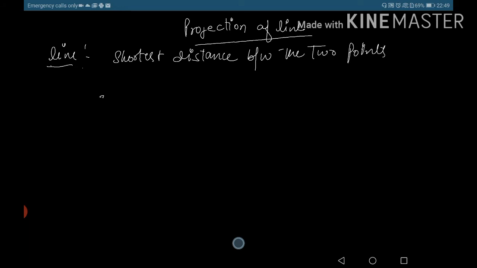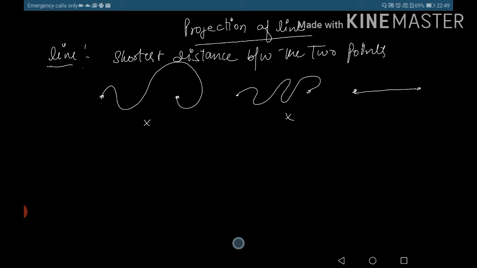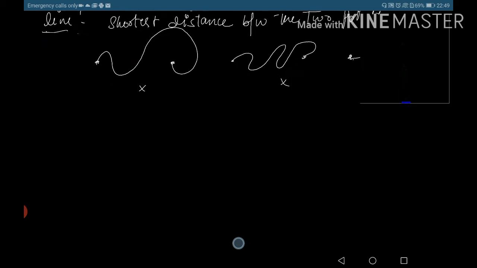Let's say these are the two points, you cannot join these two points like this, so this is not a line. Another two points cannot be joined like this, this is not a line. So if you join two points by the shortest distance, it is the line. Okay, clear?